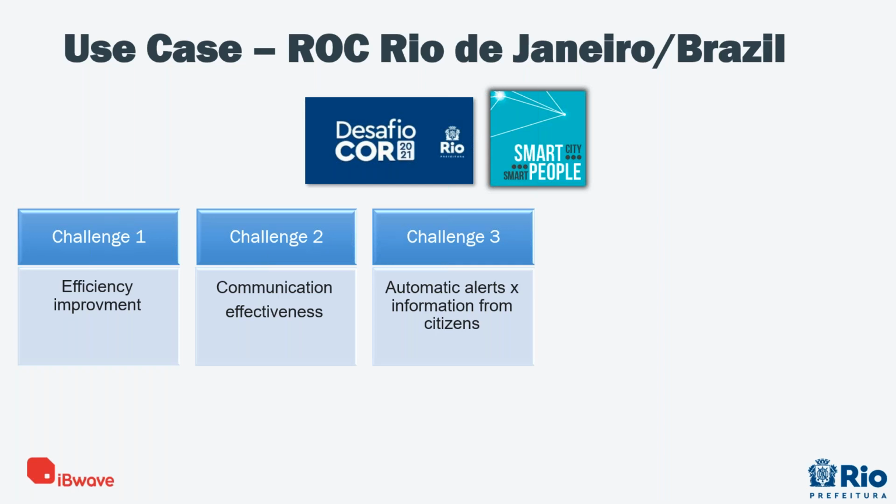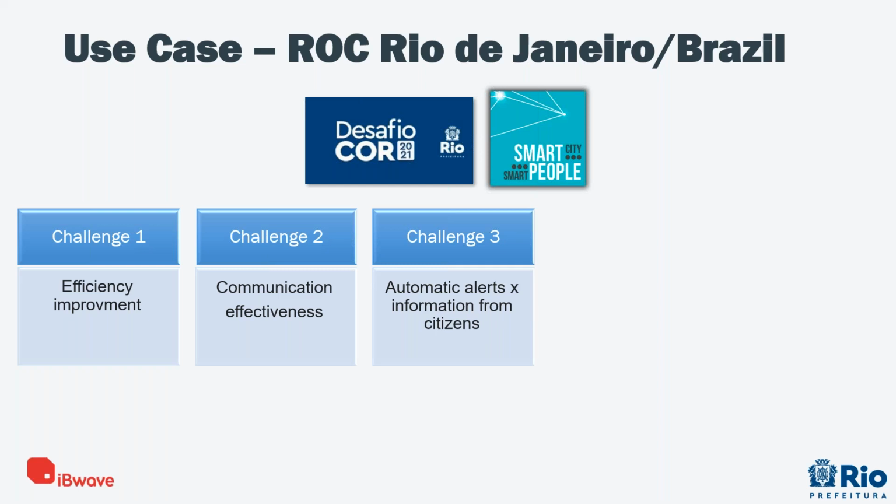How the people will receive the automatic alerts in the post on the social media of the operational center, and the second one is the data coming from the application, right? So the third one is how to structure better the automatic alerts and the citizens receiving the alerts, right?